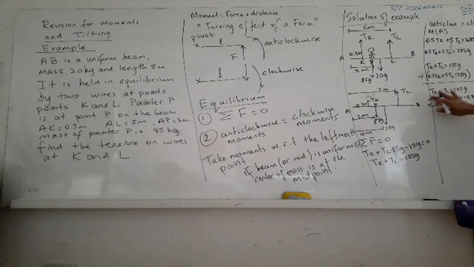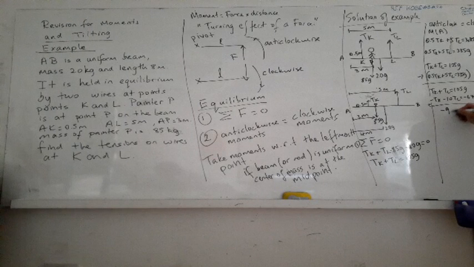Tk and minus Tk cancel each other. Minus 9Tl, tension at point L, is equal to minus 565G.